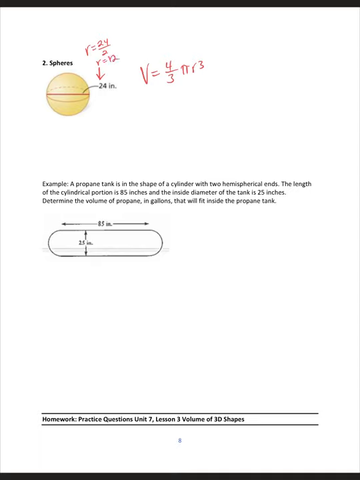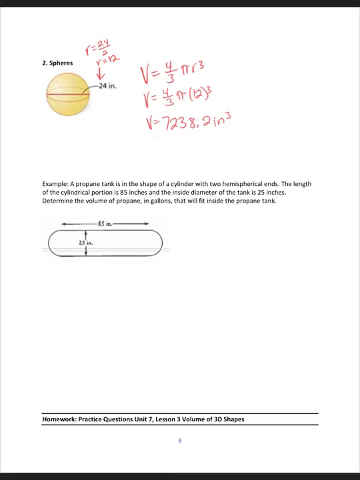So our radius will be 12. So we'll plug that in and then calculate our volume. So 4/3 pi 12 cubed is going to equal 7,238.2, and again we have inches cubed.